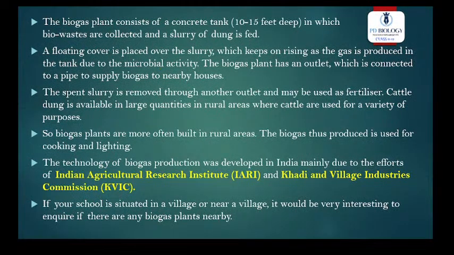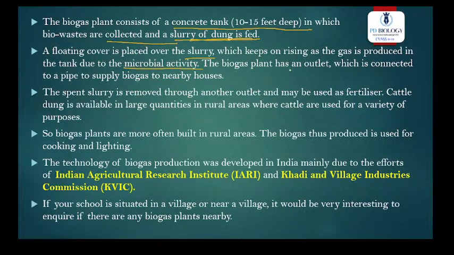The biogas plant consists of a concrete tank 10 to 15 feet deep in which the biogases are collected and the slurry of dung is fed. The floating cover is placed over the slurry, which keeps on rising as gas is produced in the tank due to the microbial activity.